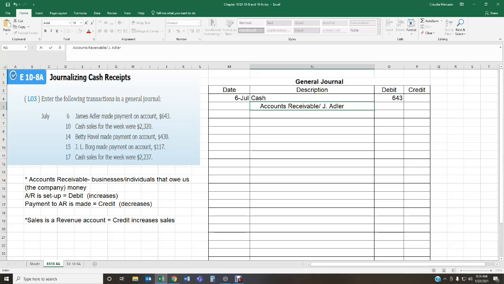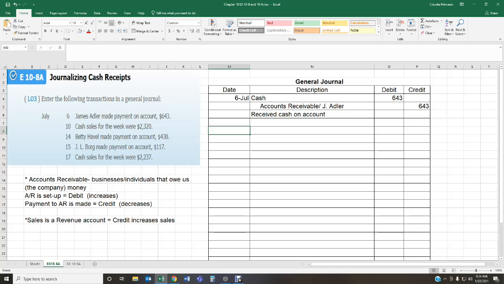Remember, always identify the name of the customer. The debit always goes first. The credit goes below and it is indented. Debits must always equal credits. That is a rule of accounting. And then I'm going to put a short description here. We received cash on account. So that happened on July the 6th.